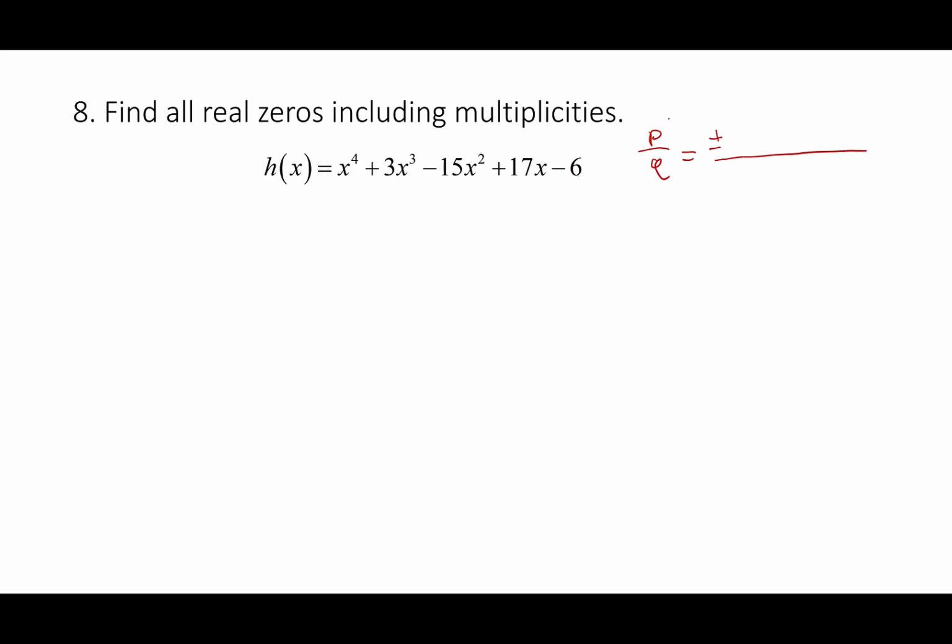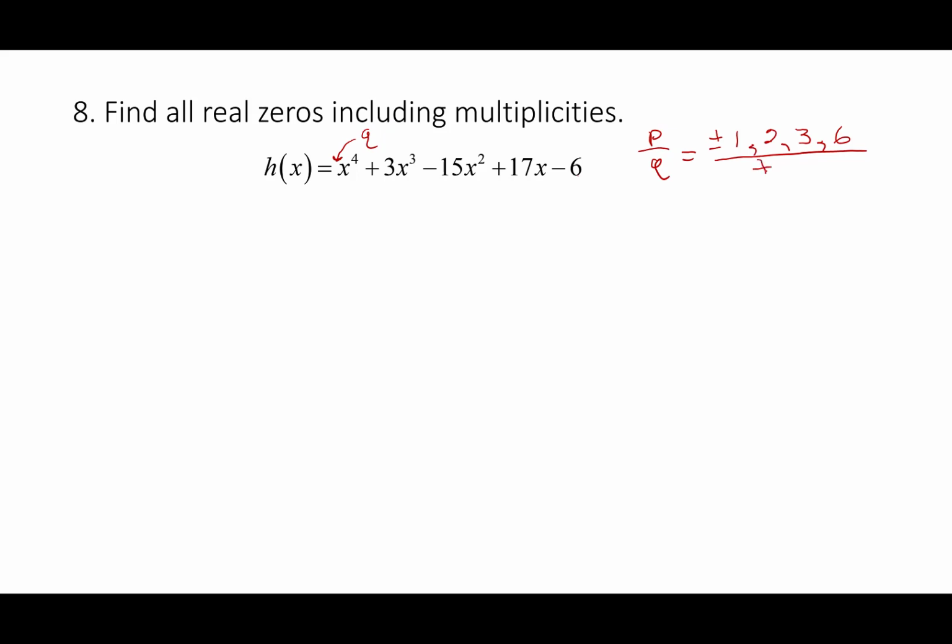So 1 times negative 6, and 2 times negative 3, and you know the opposite plus or minuses of those. So we'd have plus or minus 1, 2, 3, 6. And for the q's, they are going to come from the coefficient on x to the 4th, which would be 1.